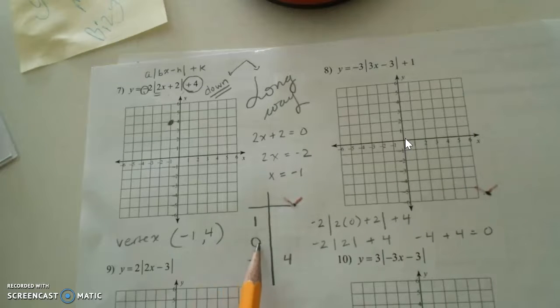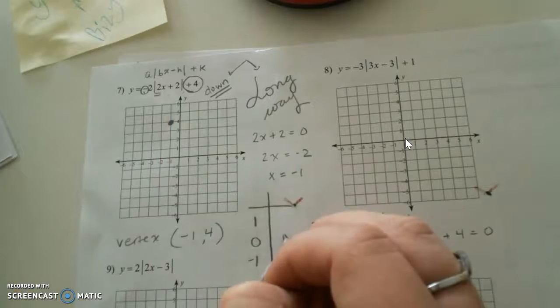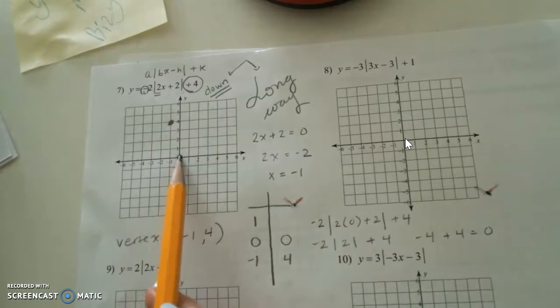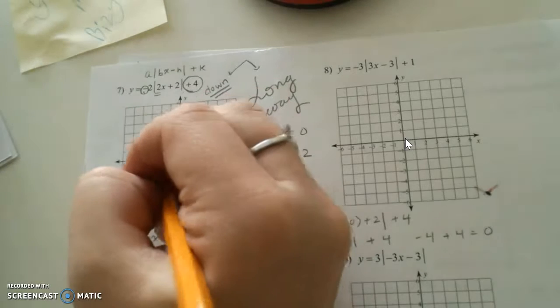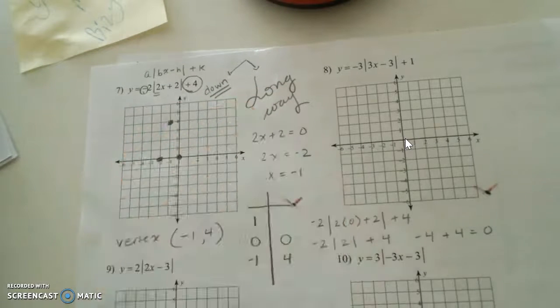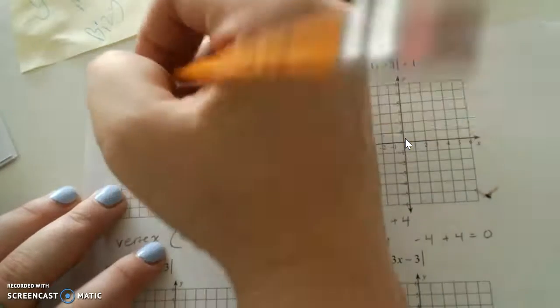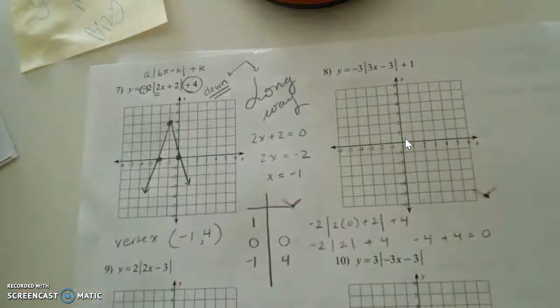All I did was I plugged this point into my original equation. So at 0, I'm going to have a value of 0. That means on the other side, because it's symmetrical, I'm going to have the same exact point. So my graph is going to go through those points.